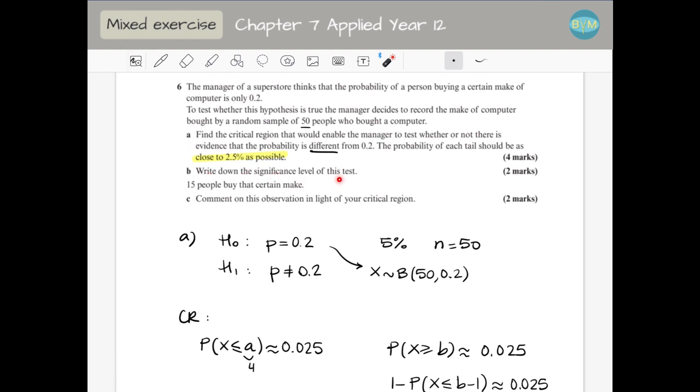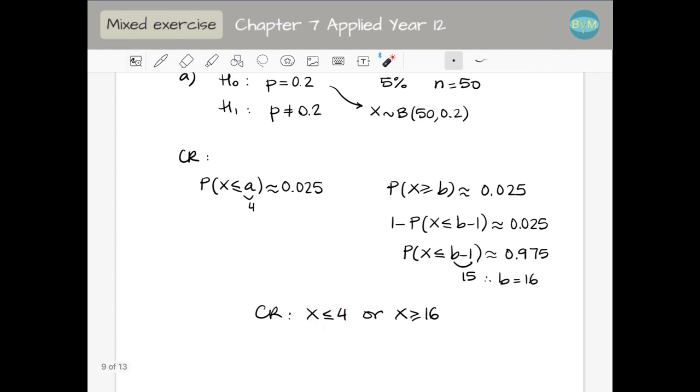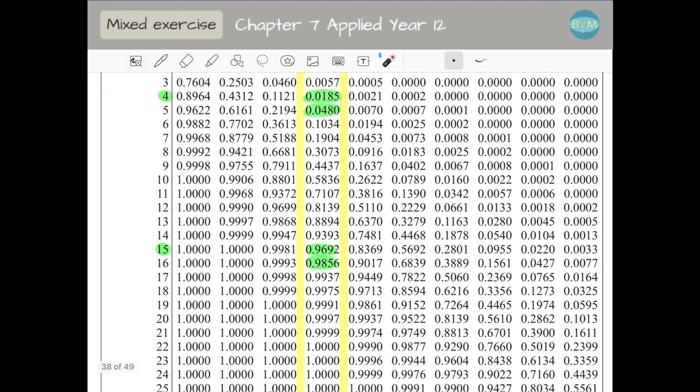Write down the significance level of this test, so the actual significance level. Remember, that's the probability of falling in the critical region. So it is going to be very close to 0.025 and 0.025 again. This probability you can get straight away from the table, or you can use the calculator, but we have it here.